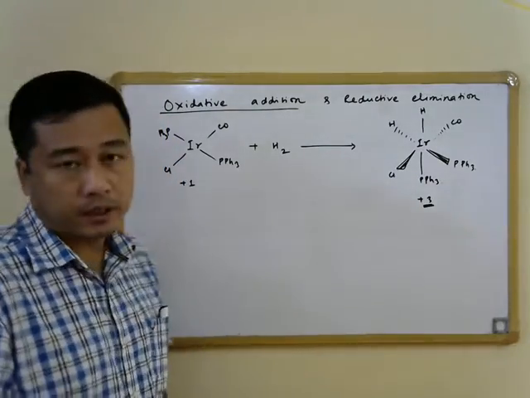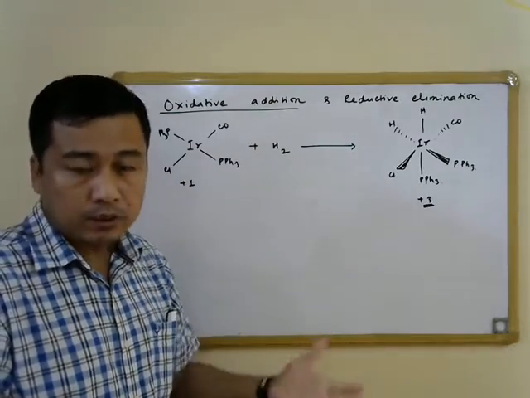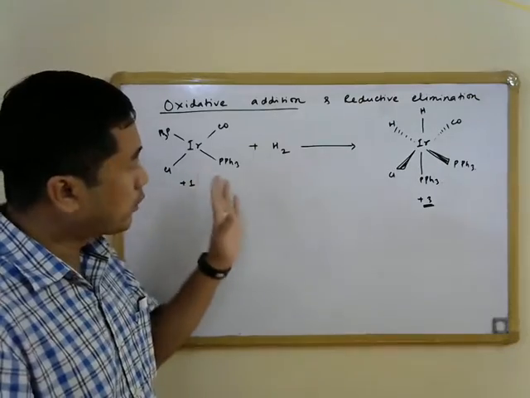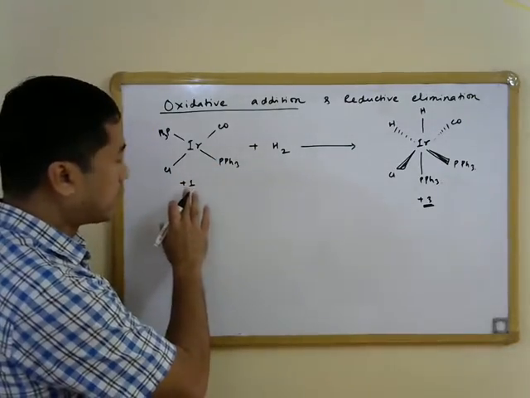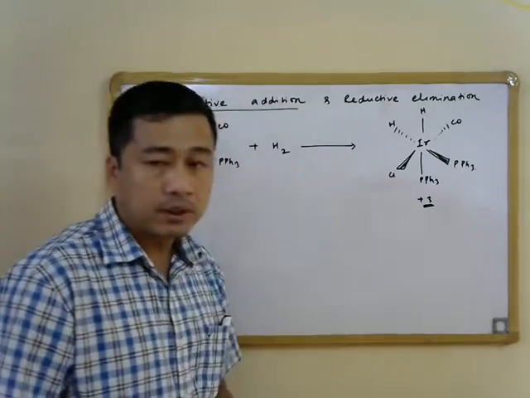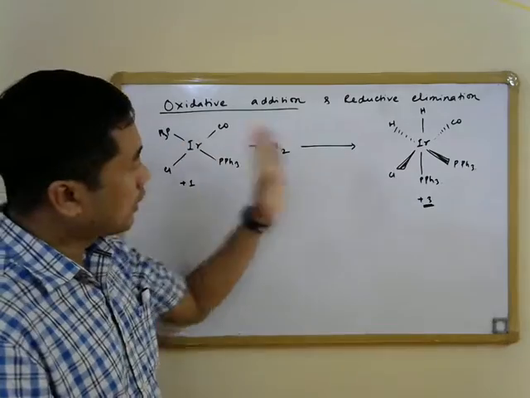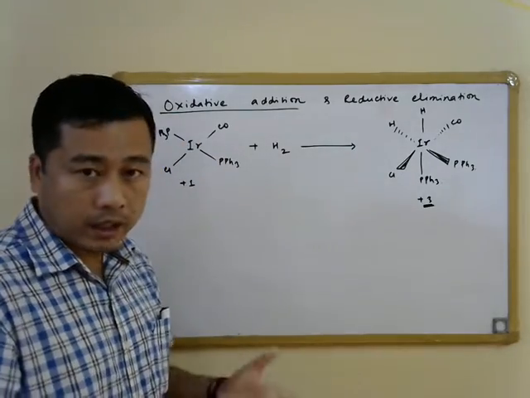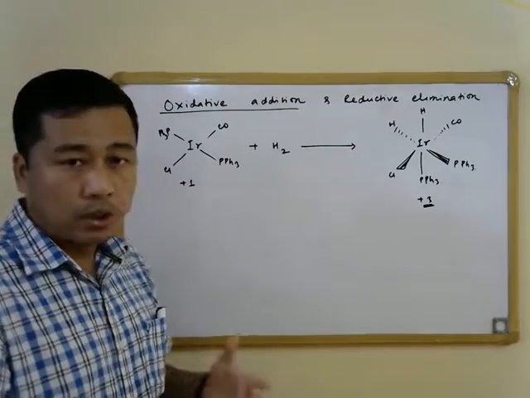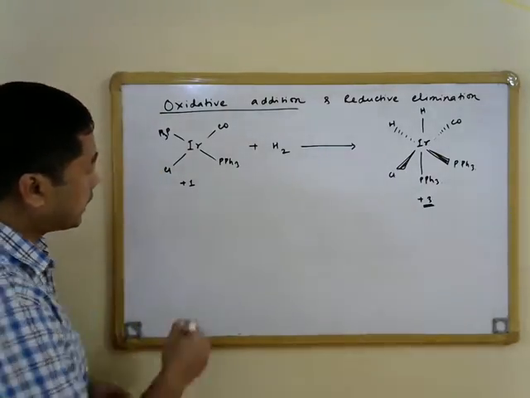This type of reaction, where we add anionic ligands to the metal center, is accompanied by an increase in the oxidation state by 2 units, in this case from +1 to +3, and also an increase in the coordination number by 2 units.